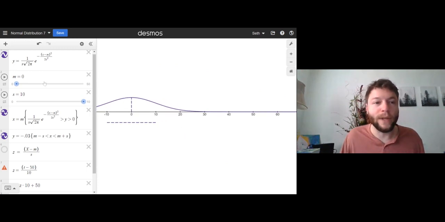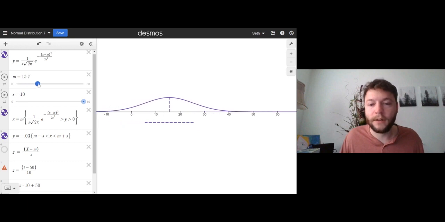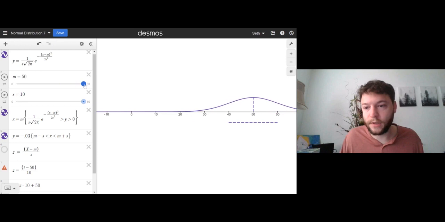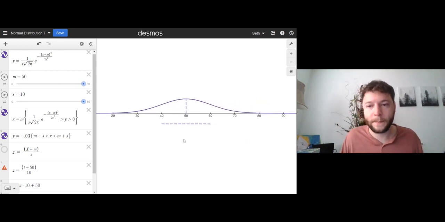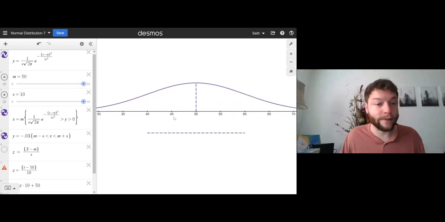And then next, we add 50 to each score, which slides the distribution so that it no longer centers on 0, and it now centers on 50. And in this transformed distribution, the mean is 50, and the standard deviation is 10.